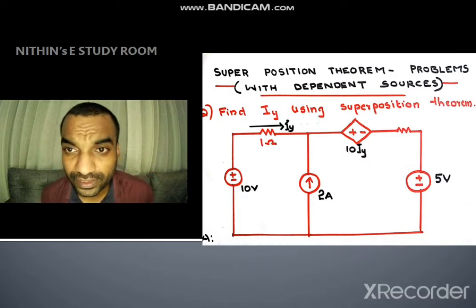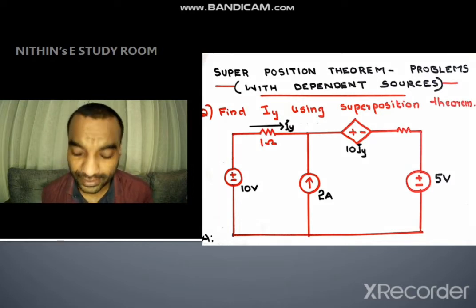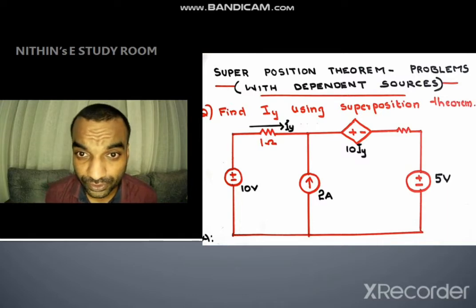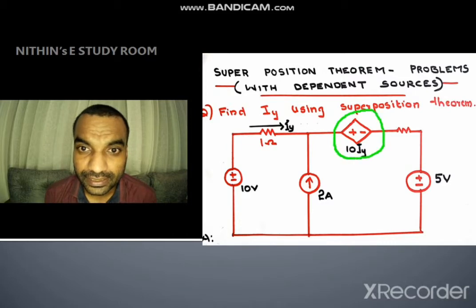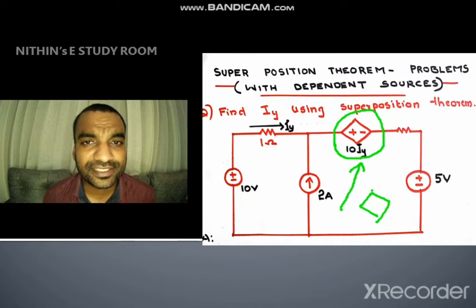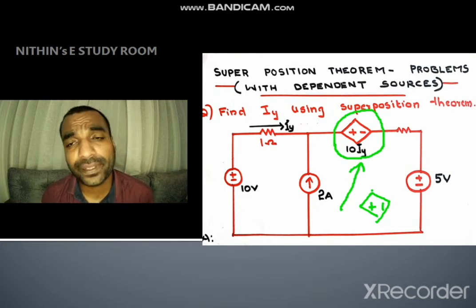Anyhow, it is very clear that it is a dependent source, because you can see this diamond shaped emblem denotes that it is a dependent source, and a dependent voltage source, because there are 2 markings like plus and minus. So it must be a voltage source, and the shape denotes that it is a dependent voltage source.